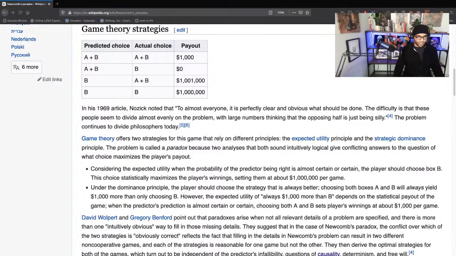So what I want to do is say, okay, this seems obvious. If I'm the player and I choose B, and I assume that the predictor can predict perfectly, then I get 1 million, and if I choose A and B, I get 1,000.